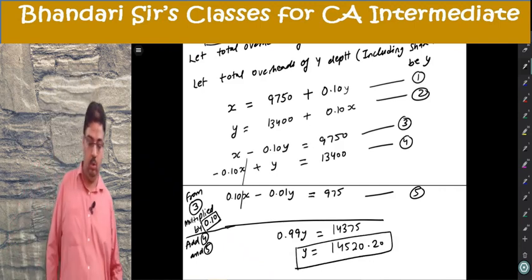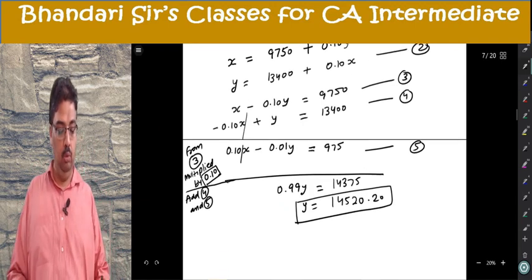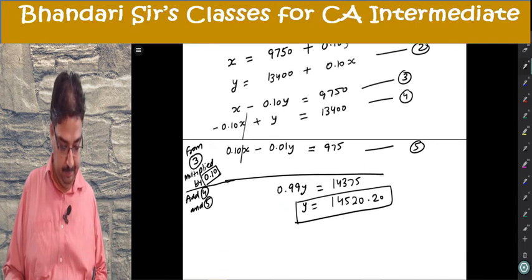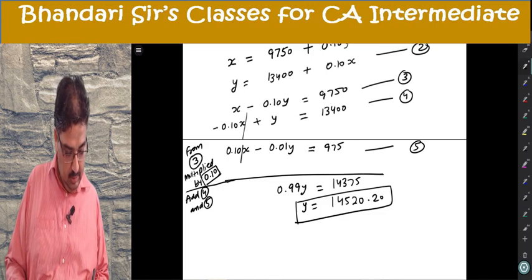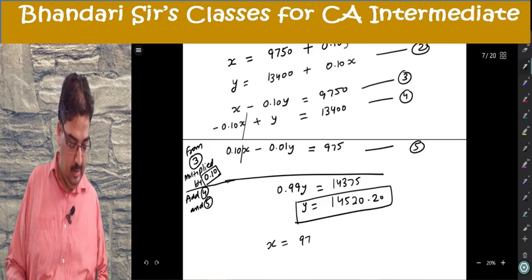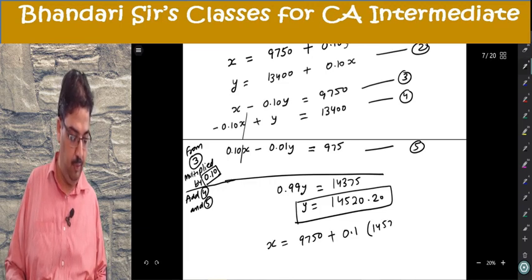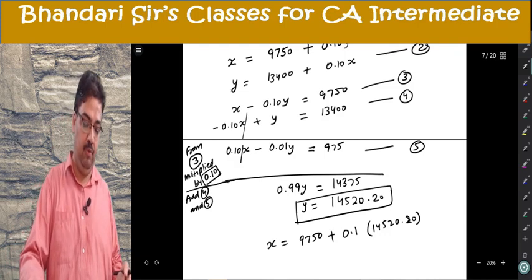Put in any equation: X equals 9750 plus 14520.20.